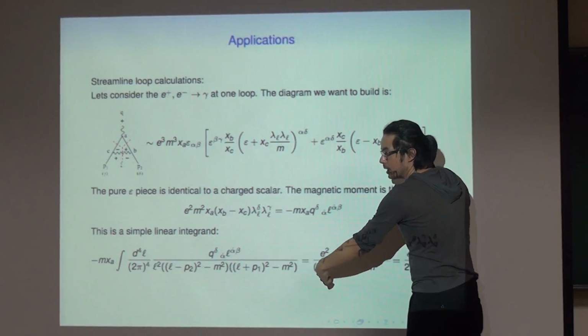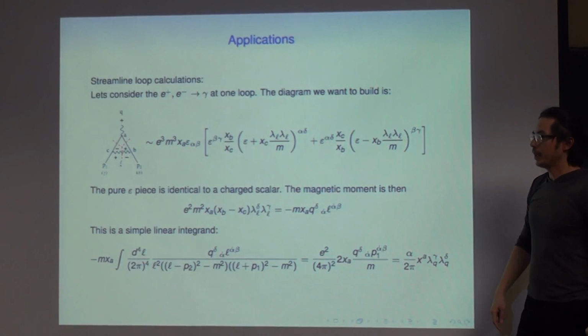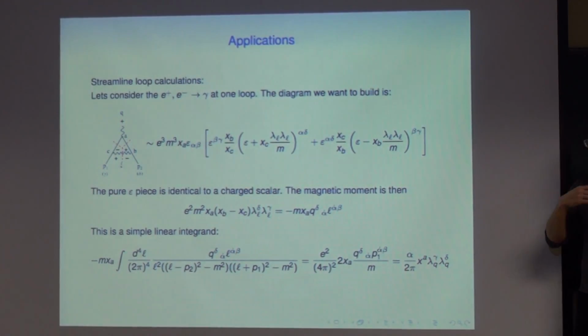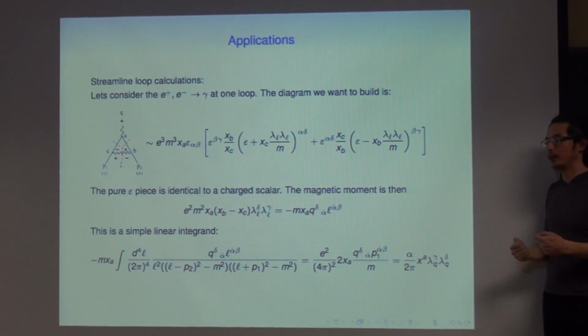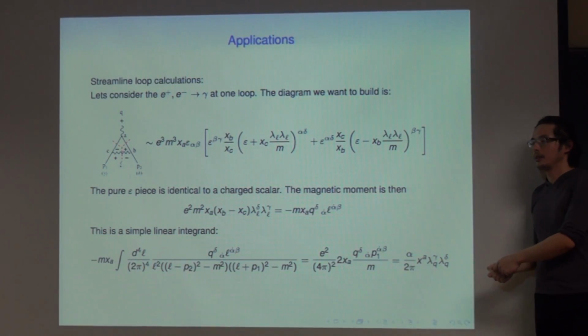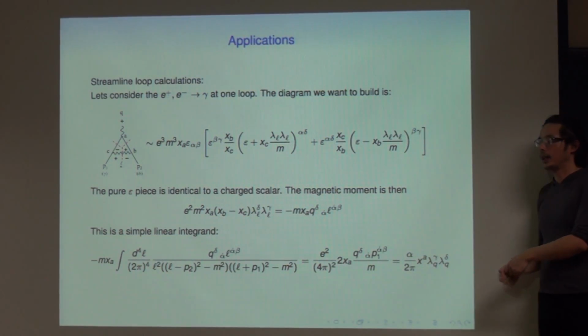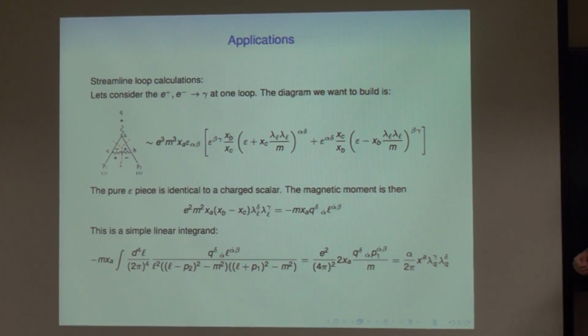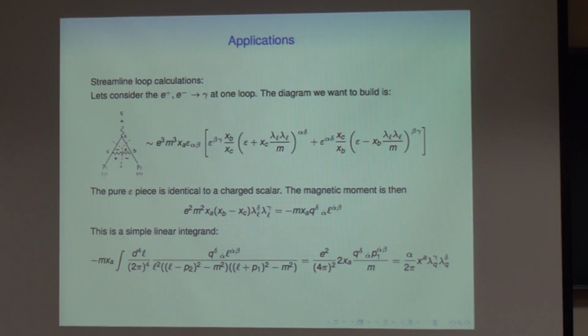And then you just integrate. You still have to do this loop. Yeah, but the difference is that in the usual case, you have to do the loop in order to do the separation. You know, the computer can help us. And here, this is before you're doing the loop. You already know that the anomalous magnetic moment is not 0, just by constructing it, because it's already cleanly separated.